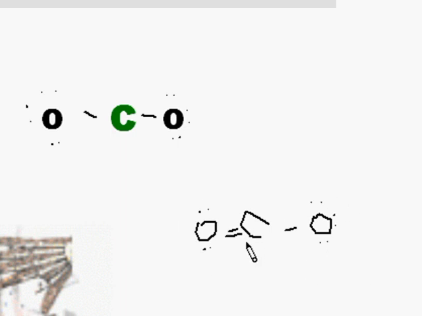This still has 8, but carbon only has 6. That means I need to take more electrons and make them into a double bond. It just so happens carbon dioxide is a two double bonded compound. Notice I'm still using the same number of electrons that I was given. I just needed to take the single bonds and make them into double bonds.